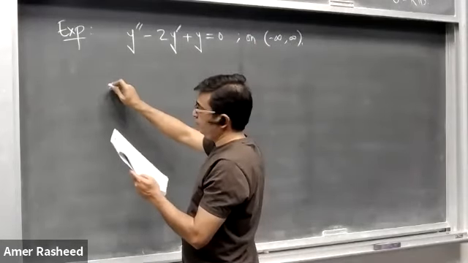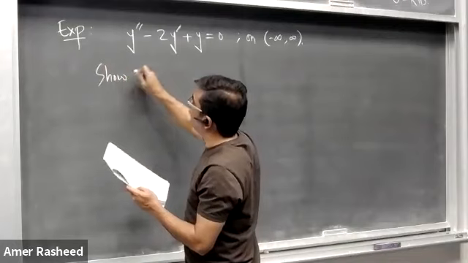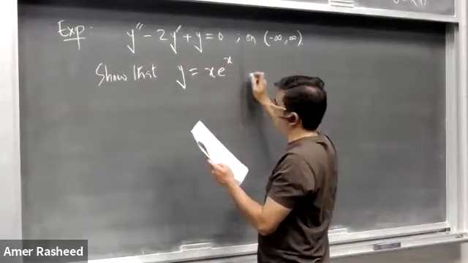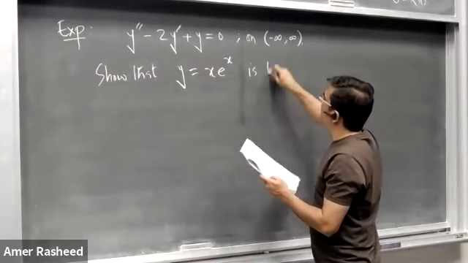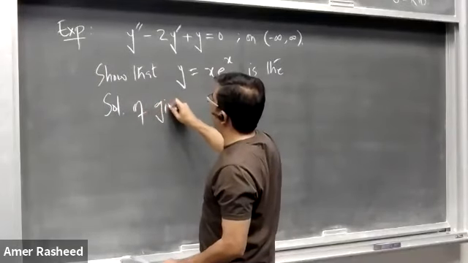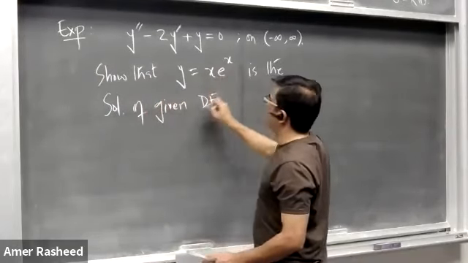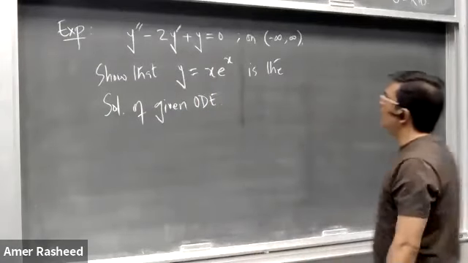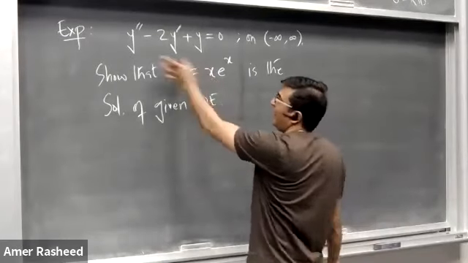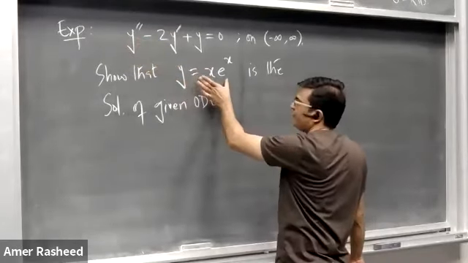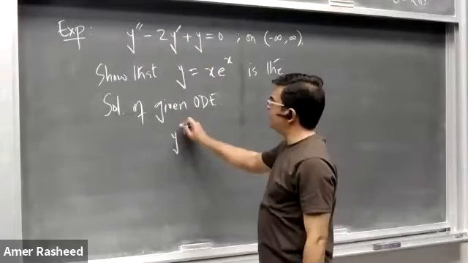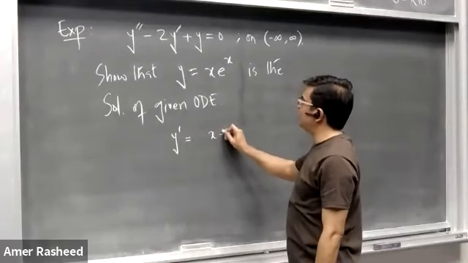Now we have to show that y is equal to x e raised power x is the solution of the given differential equation or given ODE. How do we do this? We insert y here. In order to insert y here, we need 2 derivatives and then 1 derivative. So we take its first derivative, the derivative of x e raised power x.